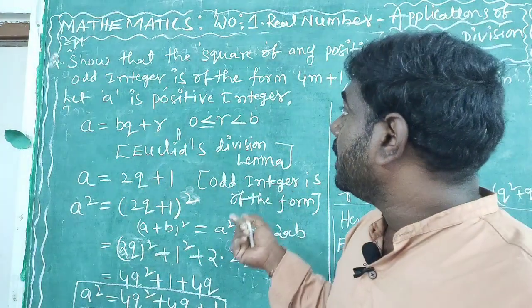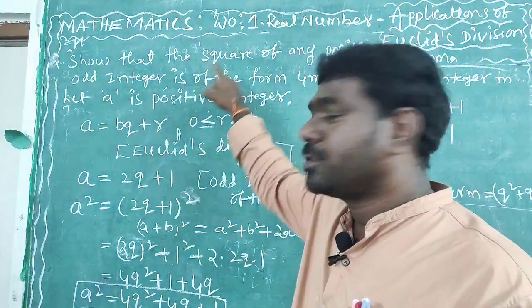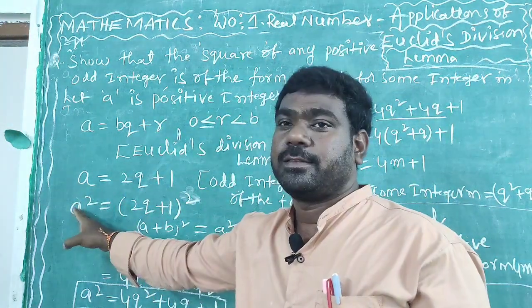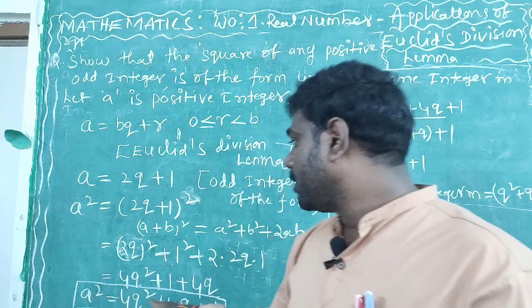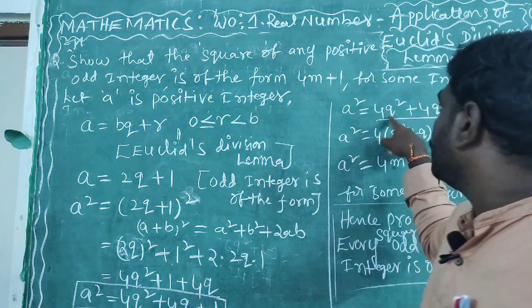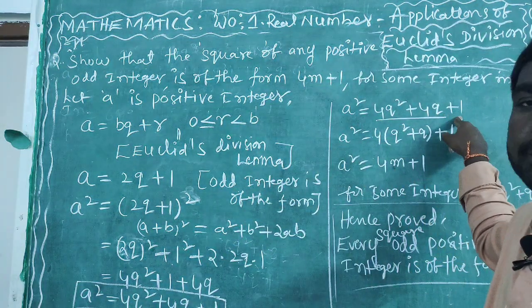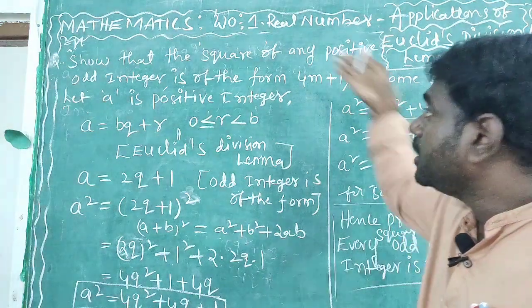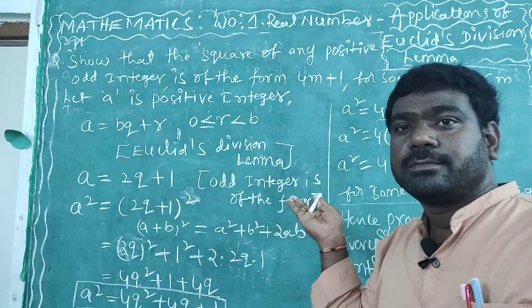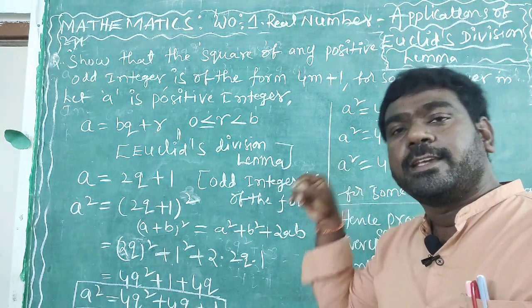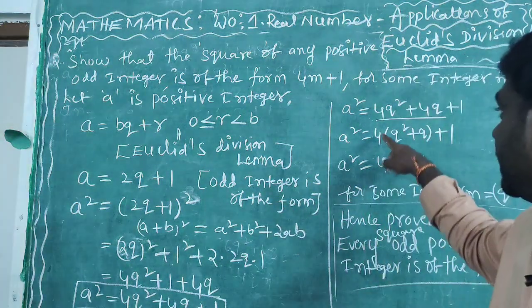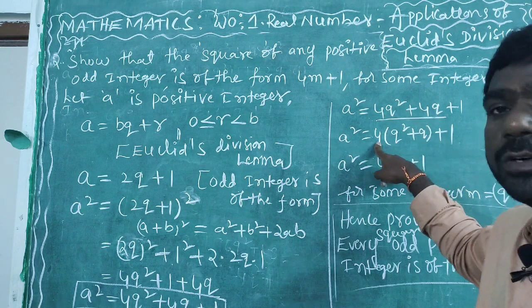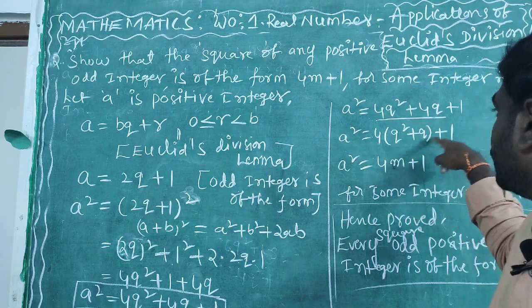The condition given is the square. So apply the square for this one. If I simplify, what are we going to get here? 4q square plus 4q plus 1. Now is this form in the form of 4m plus 1? Yes. How is it? See here, if I take 4 common from these, q square plus q, plus 1.